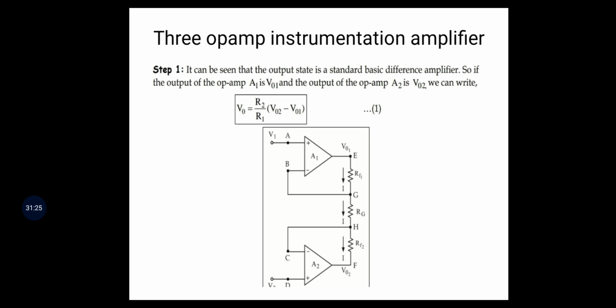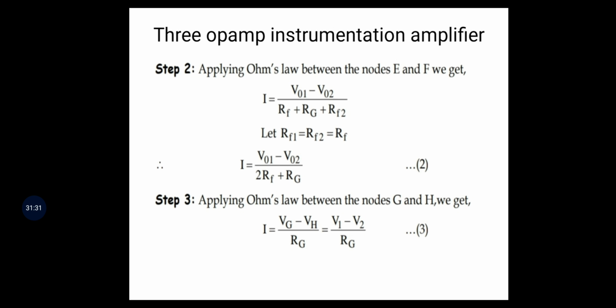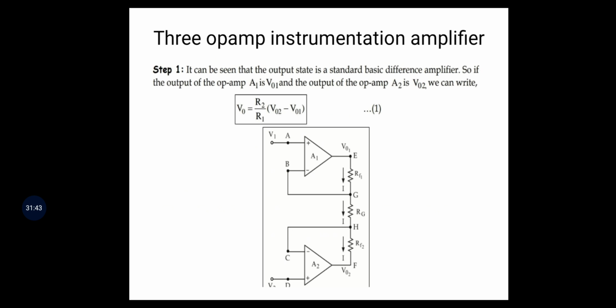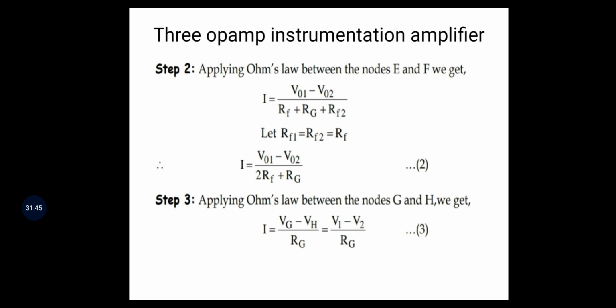Here V0 equal to R2 by R1 times (V02 minus V01). Then according to Ohm's law, I equal to (V01 minus V02) by (RF1 plus Rg plus RF2). If you take RF1 equal to RF2 equal to RF, then I equal to (V01 minus V02) by (2RF plus Rg).